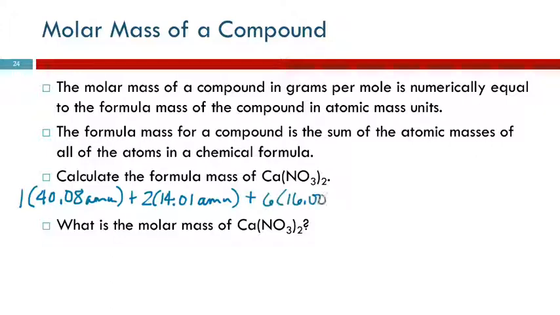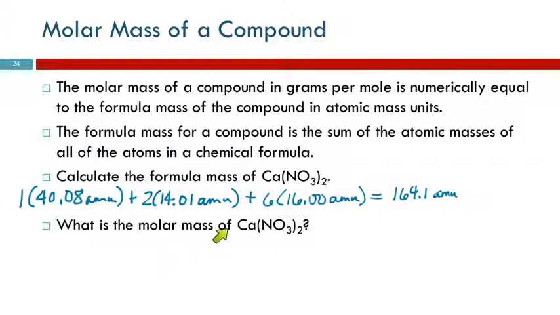Each atom of oxygen weighs 16 atomic mass units. And I'm coming up with 164.1. Anybody else get that? So 1 formula unit of calcium nitrate weighs 164.1 atomic mass units: 1 calcium atom, 2 nitrogen atoms, 6 oxygen atoms.